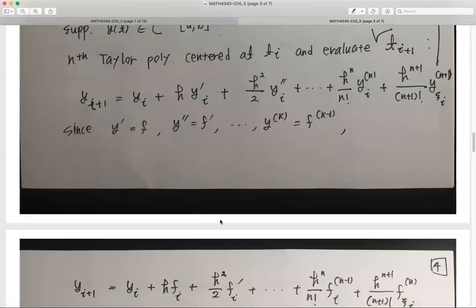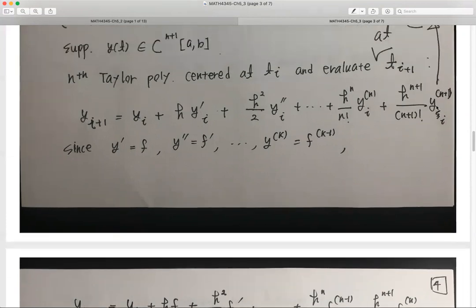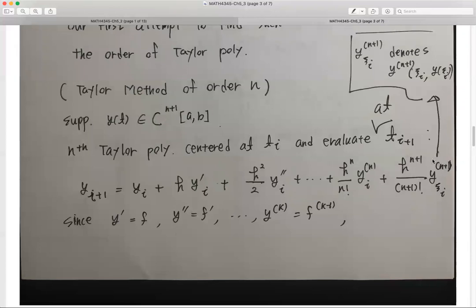Now we're going to rewrite y prime and y double prime in terms of f. See here, y superscript (n+1) denotes the (n+1)th derivative of y at xi_i, okay?